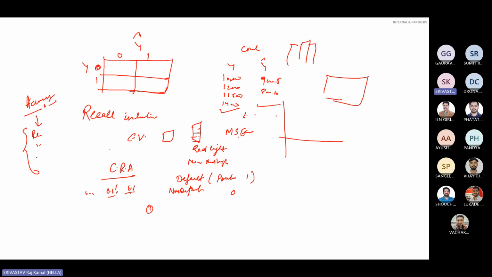Whatever threshold you increase or decrease, some classes are going to reverse. For example, if I increase the threshold to 0.6 or 0.7, what does it mean? It says that if the value is greater than 0.7, I'm going to call it a defaulter.